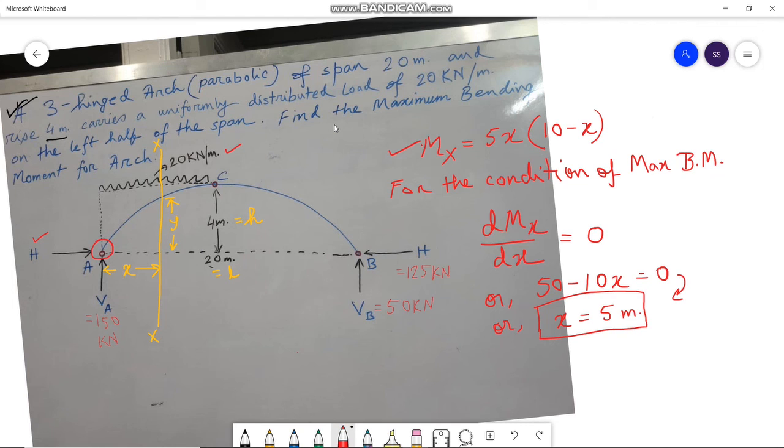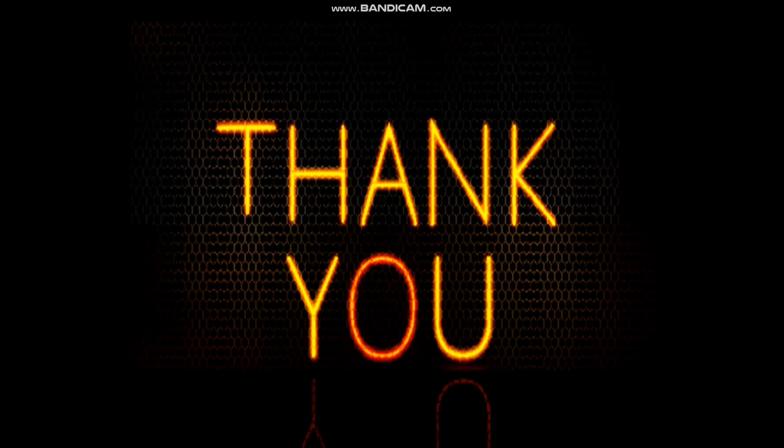So putting the value of x equals to 5 meter in this equation, we get maximum bending moment, that is M max equals to 5 into 5 into (10 minus 5). So the maximum bending moment is 125 kilonewton meter, which occurs at a distance of 5 meter from the left hand support A, that is from here. Thank you.